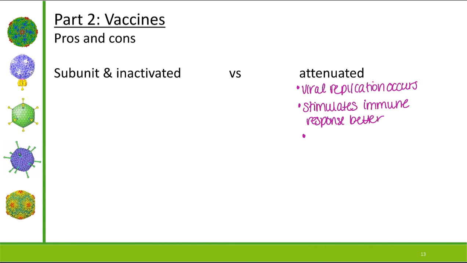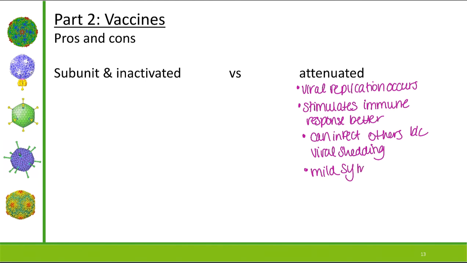But a con of the viral replication occurring is that you can infect others because of the viral shedding. And another con, if you will, is that you tend to get mild symptoms. So because you have viral replication, you get those mild symptoms. Now, again, because you get the mild symptoms, it also means that your immune response is better. So, you win some, you lose some.